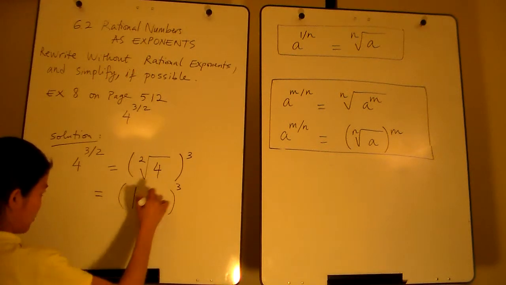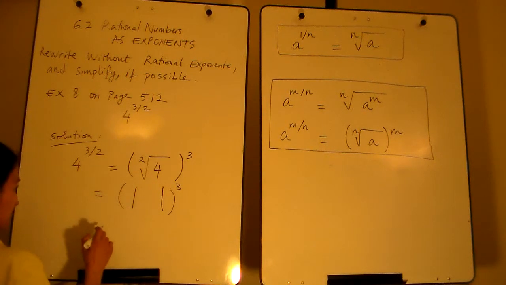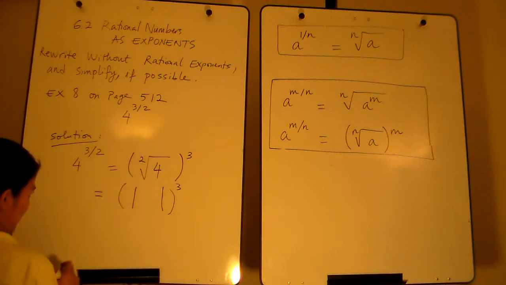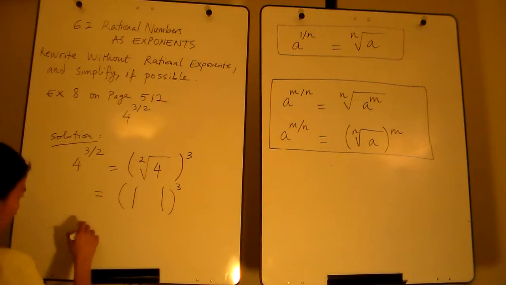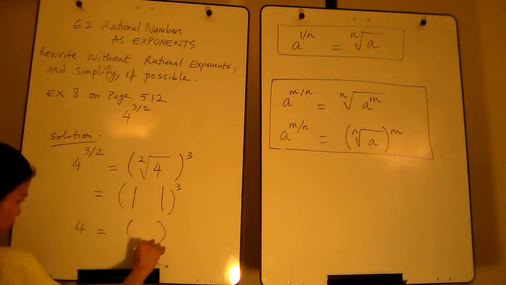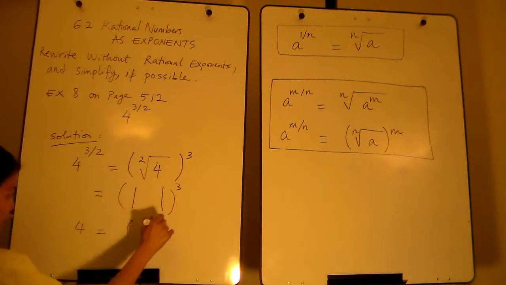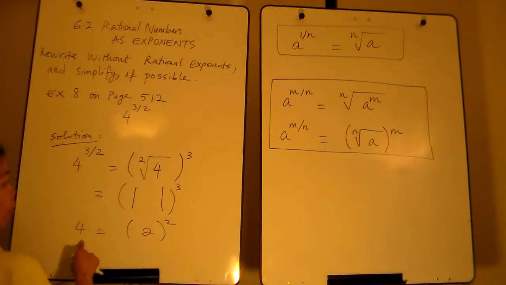I'm going to use it here to help you remember. So 4 is the radicand. You have to find the square root of 4. What number, when you square it, gives 4? It has to be 2, because 2 squared is 4, or 2 times 2 is 4.